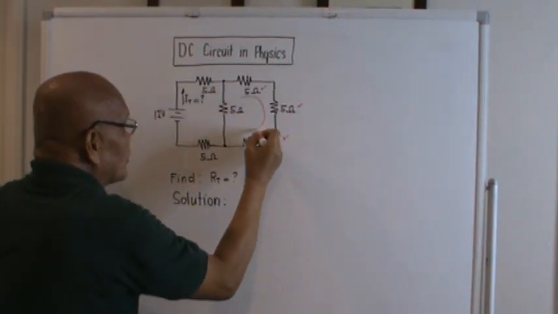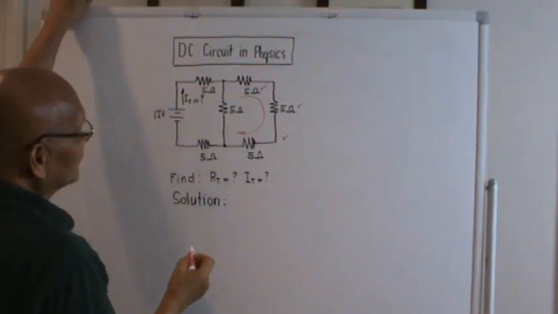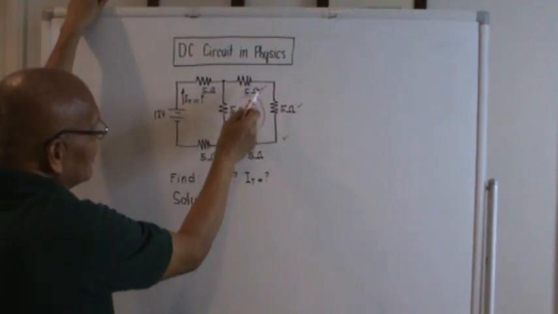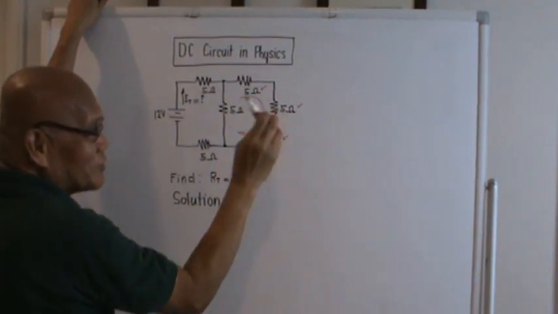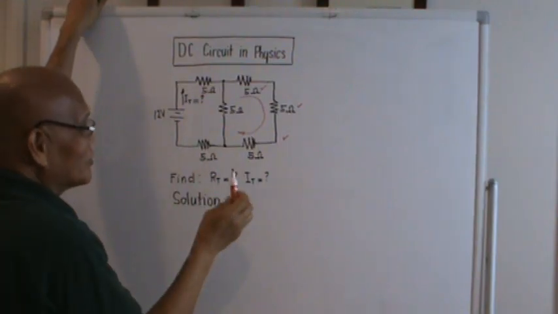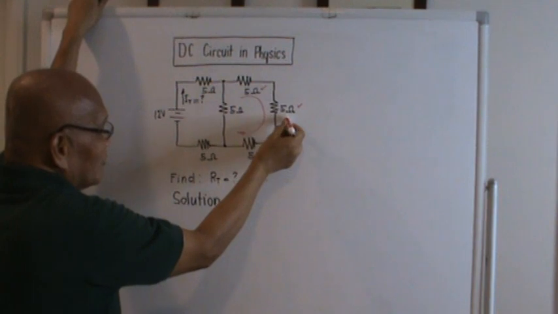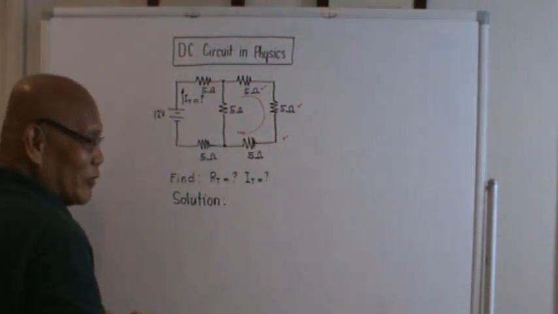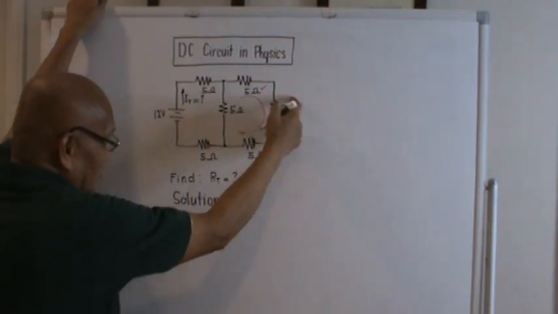If we try to circulate the current, the current passing here, and so with this one, and so with the third one, will be the same. So we could say that this 5 ohm here, the second 5 ohm, and the third 5 ohm are all in series.